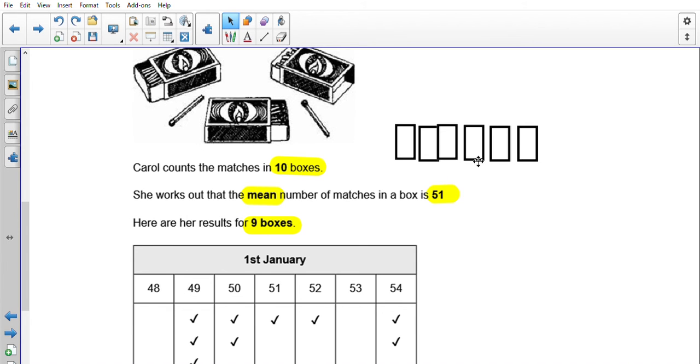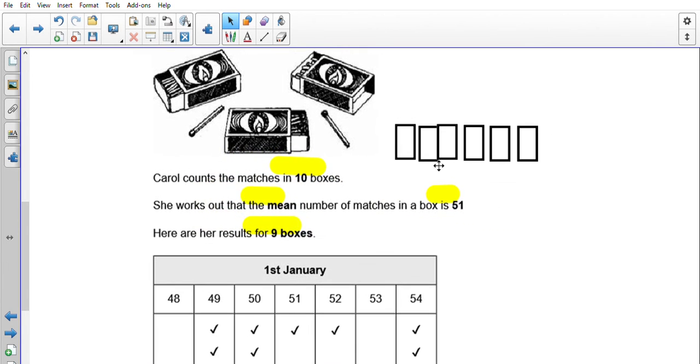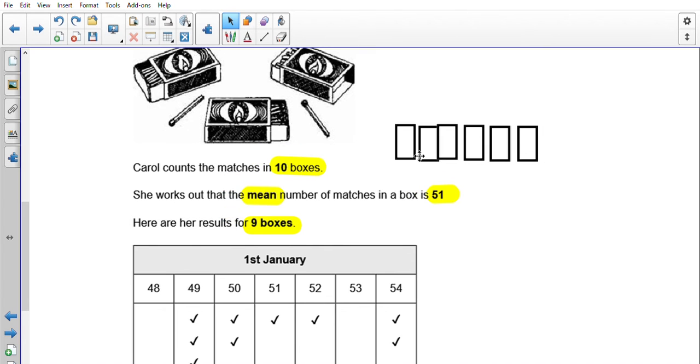So we've got 1, 2, 3, 4, 5, 6, 7, 8, 9, 10. So there's 10 matchboxes there.